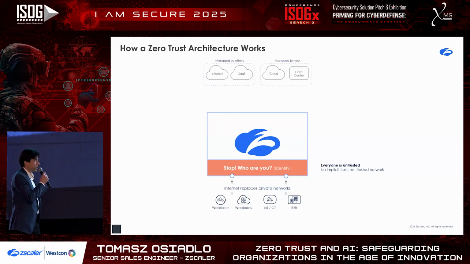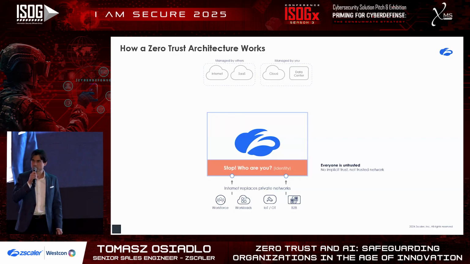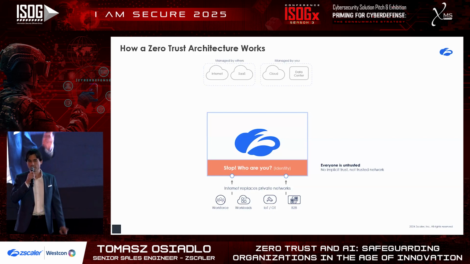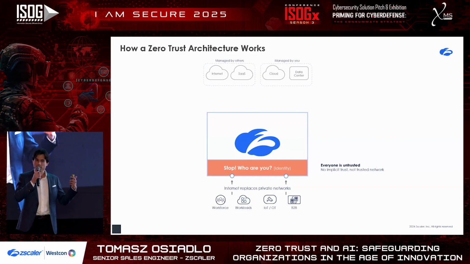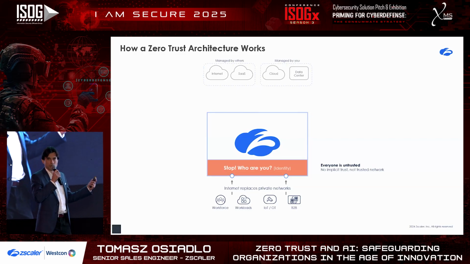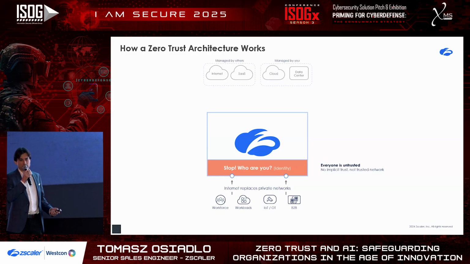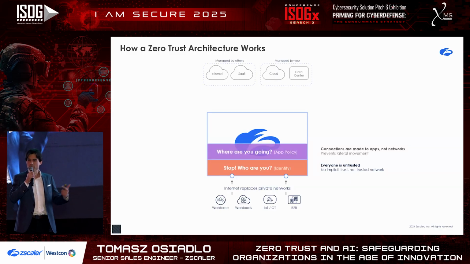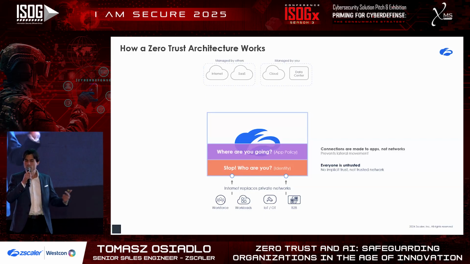First of all, we will check who the user is and what's the context of that connection. So what's the username, department, group, from what device he's connecting, what location, what time of the day. Then we will check to what application he is going. As I said before, every single connection is individually verified to every particular application.